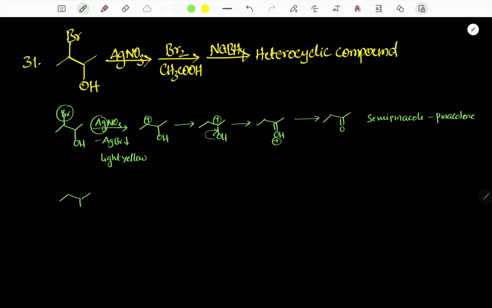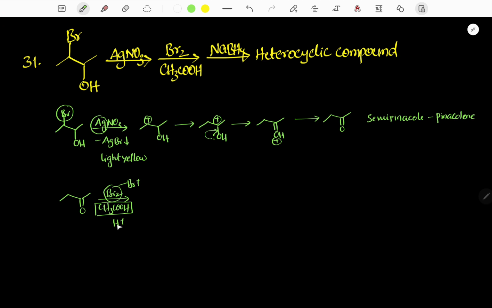Now this ketone is treated with halogen in acidic medium, Br2 in acidic medium. So acidic medium H+, and from Br2 we get electrophile Br+. So it is a tautomeric compound.